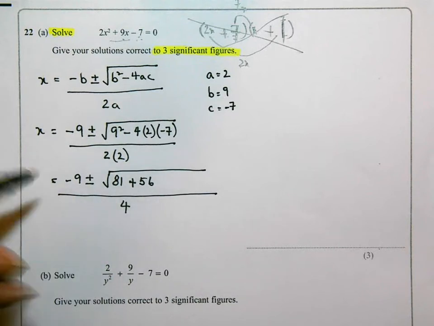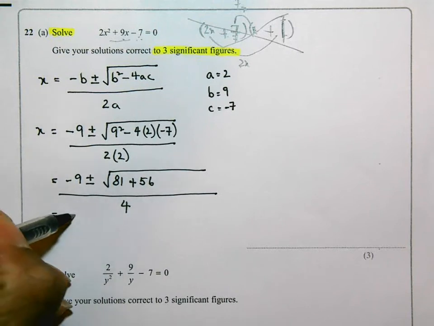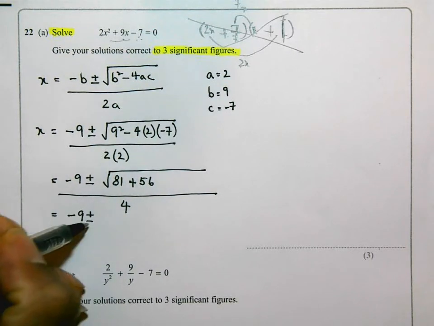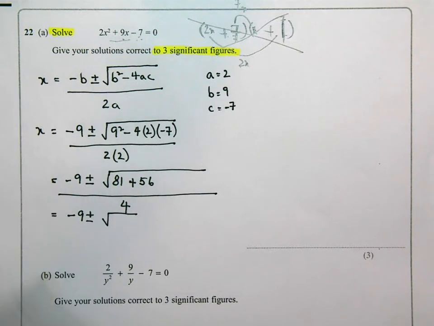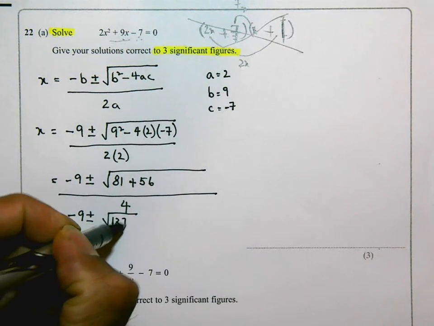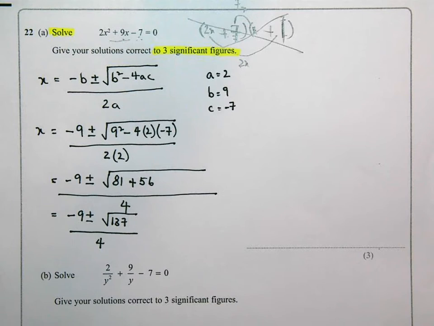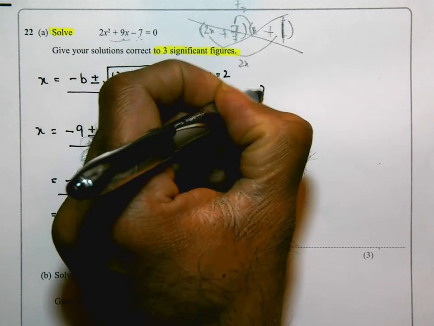Now just tidying this up, I'll get minus 9 plus or minus the square root of 81 plus 56. If I just work that out, 81 plus 56 is going to be 137, and I'm going to divide all of that by 4. Okay, so I'm going to split this up now and try to see if I can work out the number value.